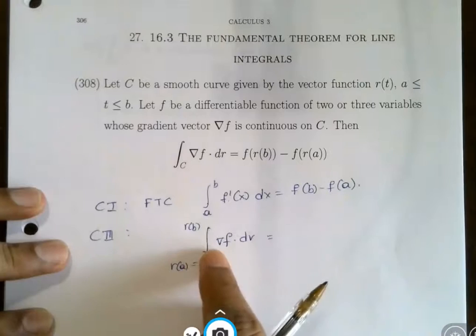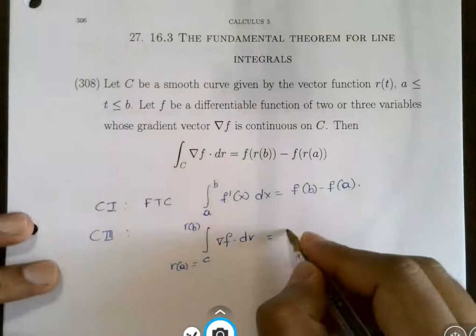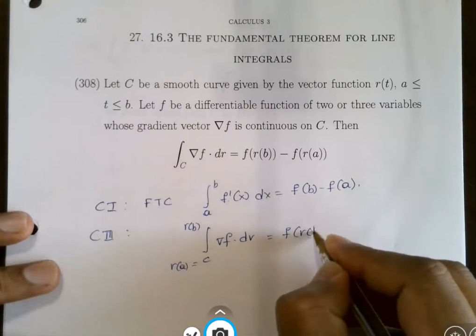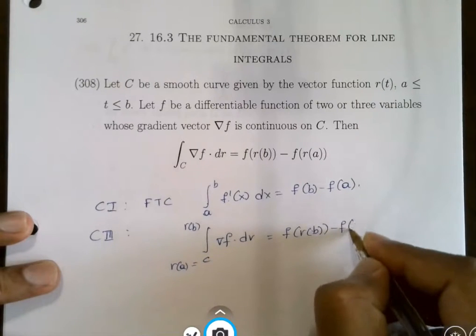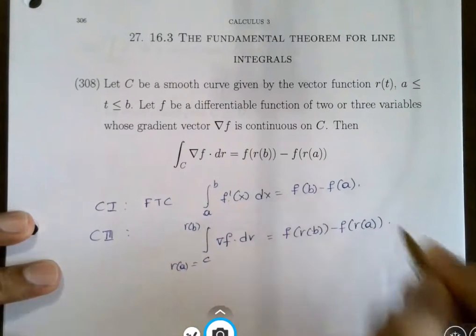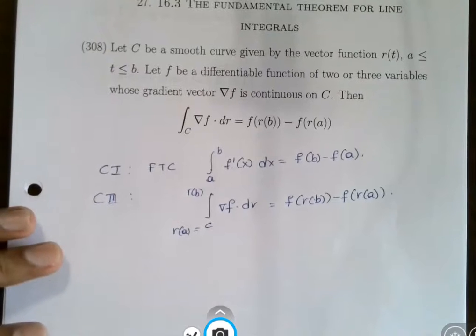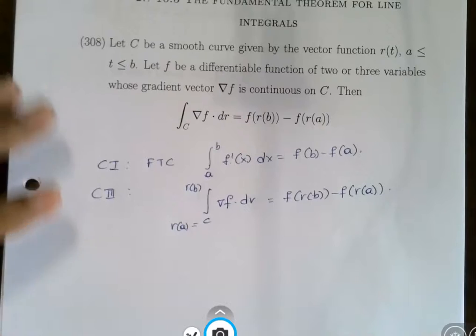The gradient and the integral cancel out, and upon substituting the limits you get f(r(b)) minus f(r(a)). I will hopefully show you the working on it, but that is what it is.